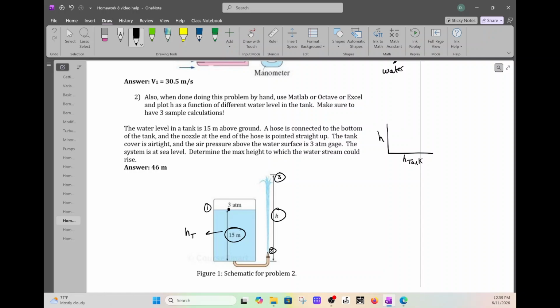What I would do is maybe go by 1. So maybe your HT starts from 1, 2, 3 to 15. All right, again, Bernoulli's from 1 to 2, and then 2 to 3. Don't plug numbers until the very end, because you can see that maybe you can find an equation for H.